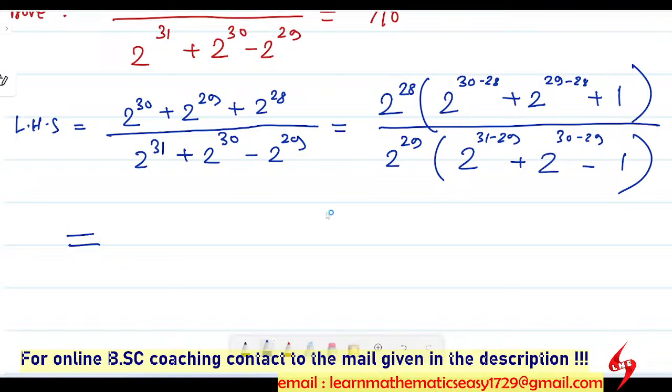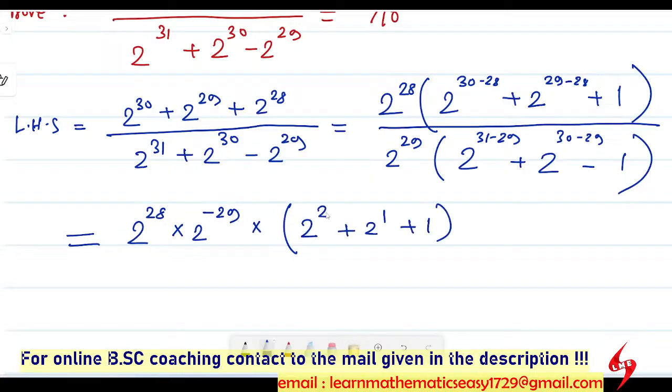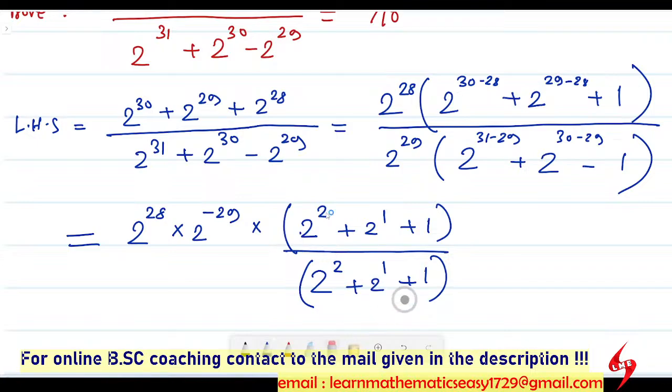So that will be 2 to the power 28 into 2 to the power minus 29 into (2 to the power 2 plus 2 to the power 1 plus 1) by (2 to the power 2 plus 2 to the power 1 minus 1).